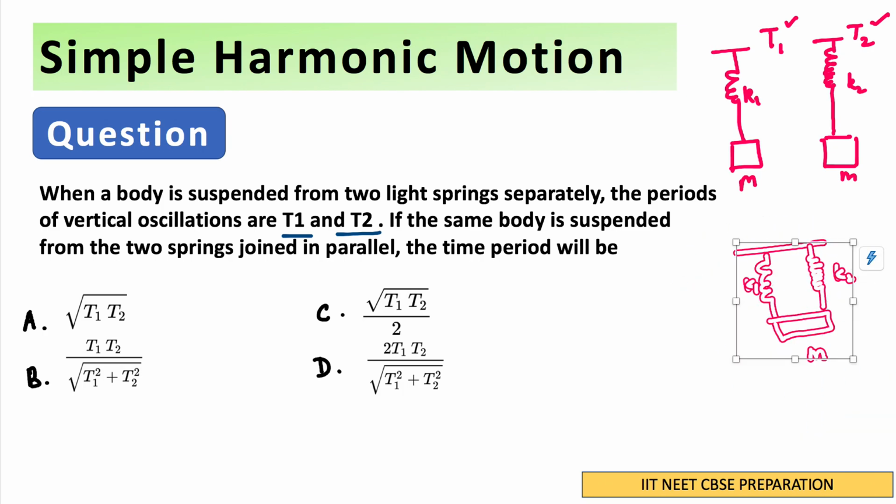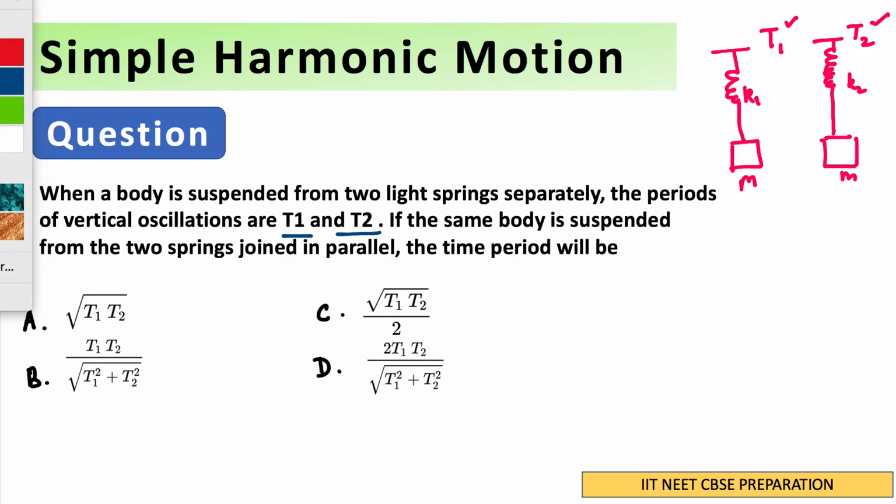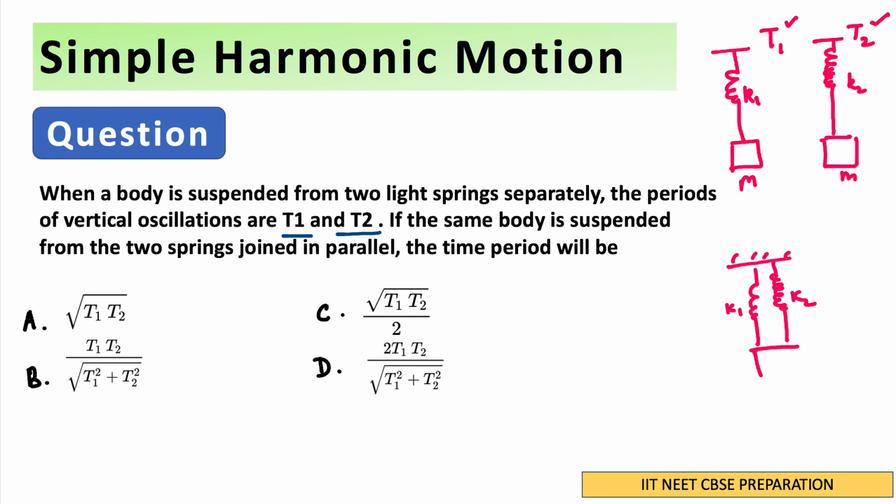So if we are using the first spring and the second spring, say this is k1 spring constant and k2 spring constant, and the same block of mass m which we were using earlier, now they are asking what is the time period in this case?